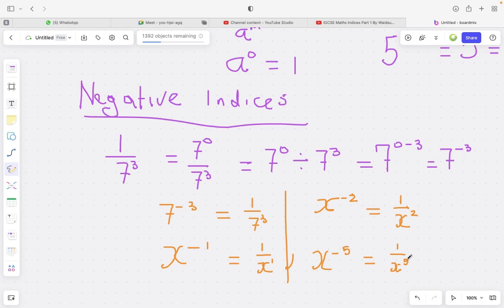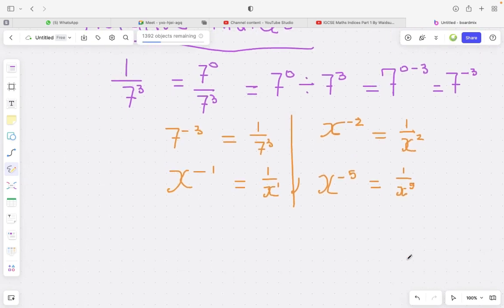Now, sometimes let's look at an example. If you have a to the power of 2 divided by a to the power of 4, let's do it manually.